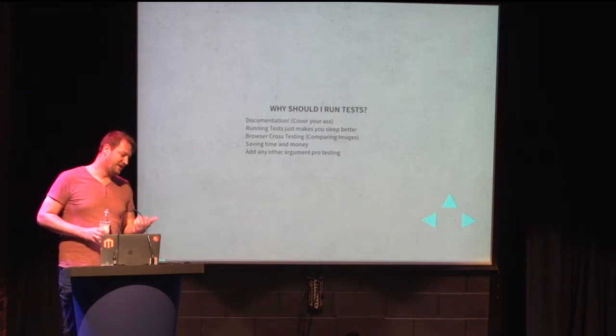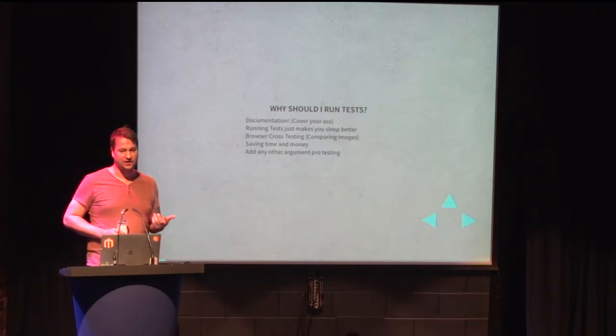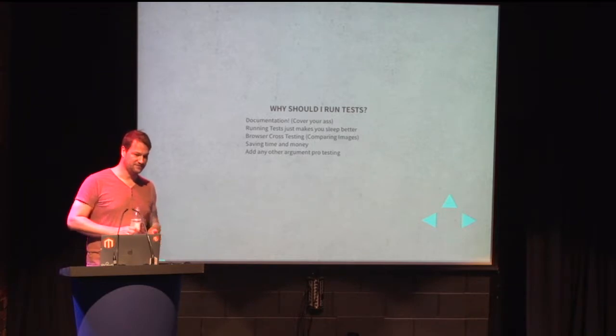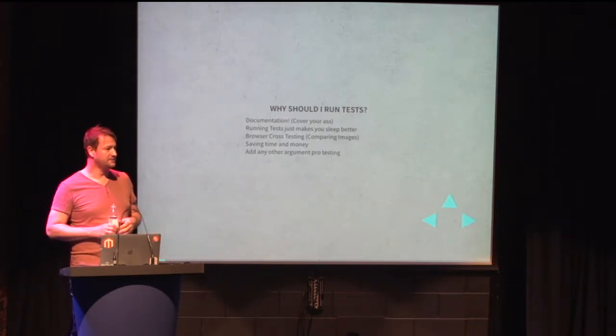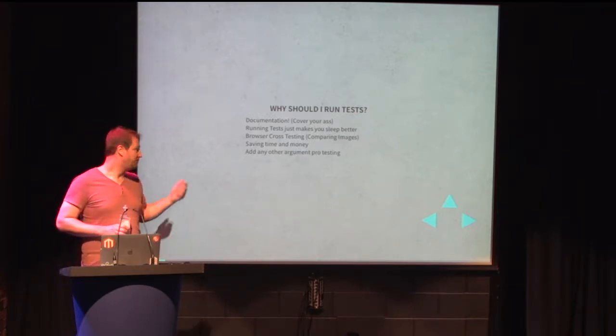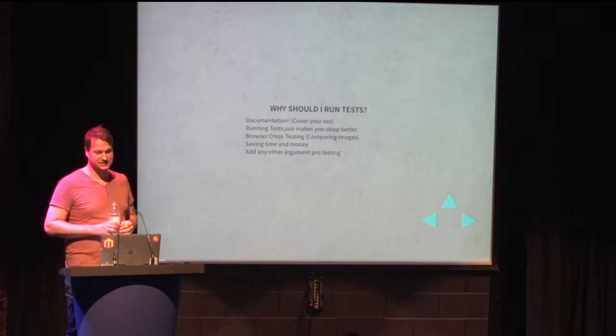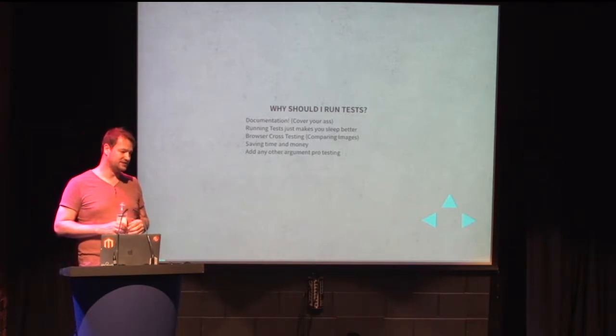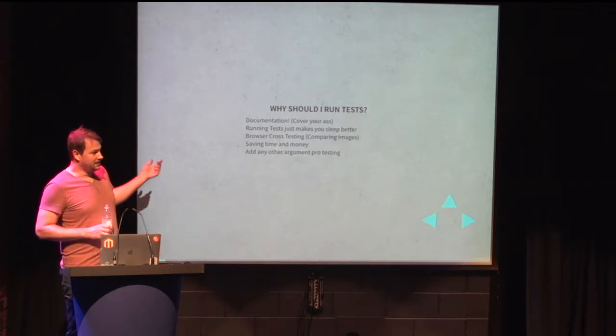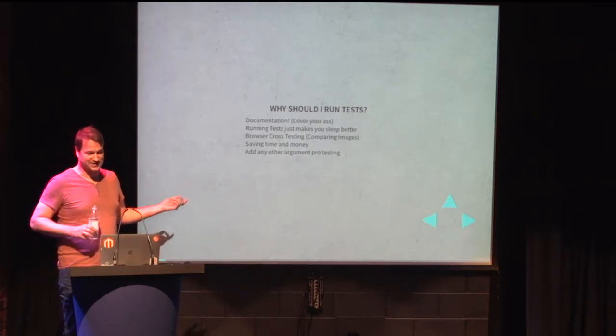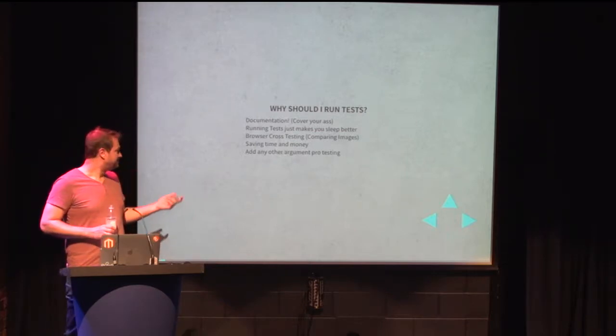When you are a developer, you normally use one browser for developing your stuff, like in the front end. And you should do cross-browser testing, because it's not normal that your code just works on every browser the same way. There is an automated way to do this, so you should.